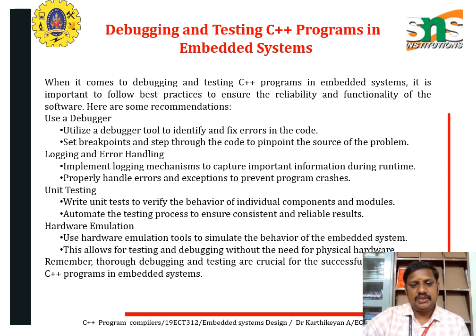We also implement logging mechanisms to capture information at running time, and write tests to verify the behavior of individual components and modules. Hardware emulation tools are used to emulate the behavior of the embedded system, and mainly to test and debug without the physical hardware. Remember, debugging and testing are crucial for successful programming in C in the embedded system.